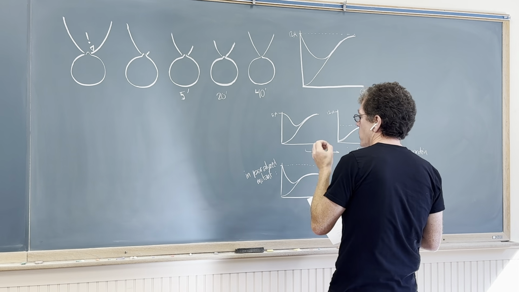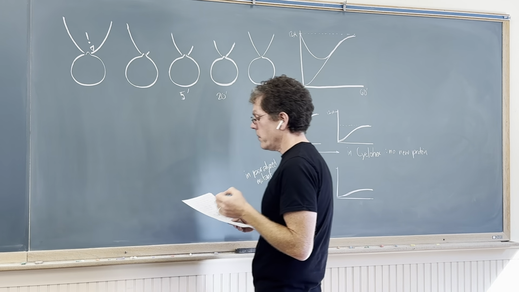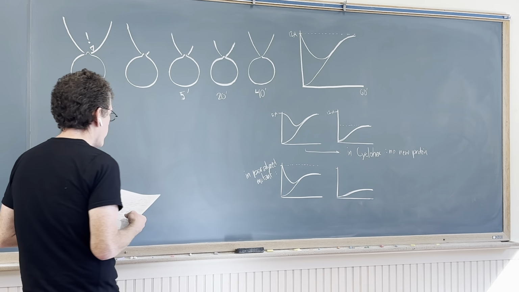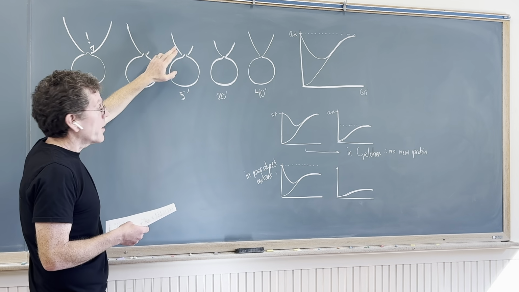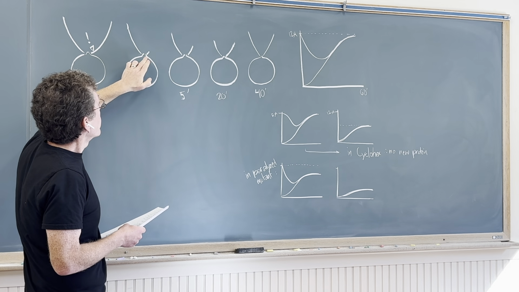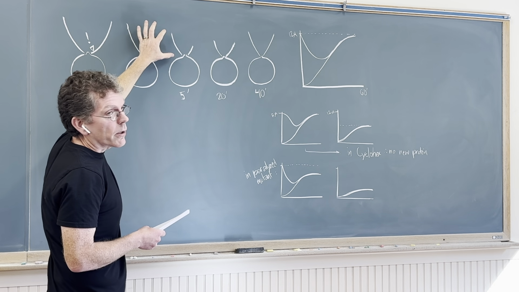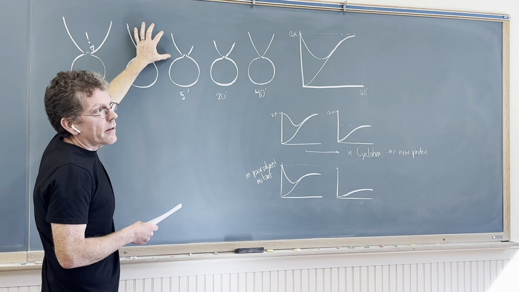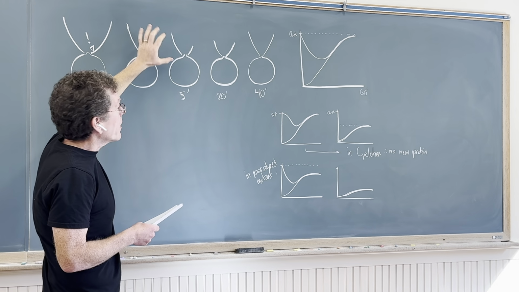The axoneme is being built continually at its tip and also disassembled continually. In the regeneration process, forward transport is prioritized to the damaged cilium so that the intact one is starved of precursors that it would need to maintain its length. And so it begins to shrink.